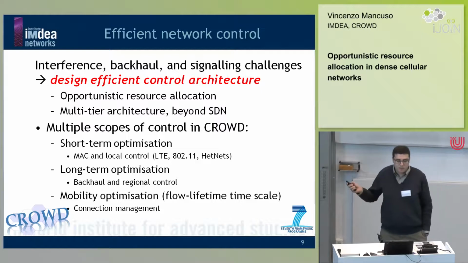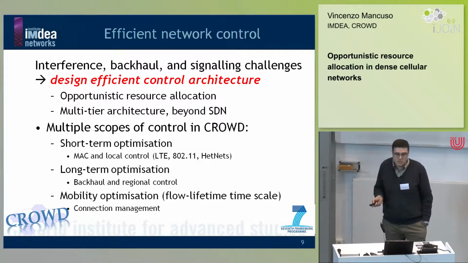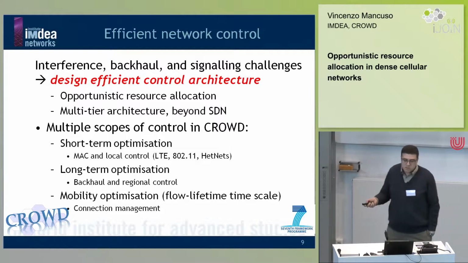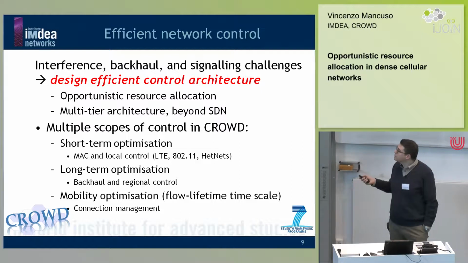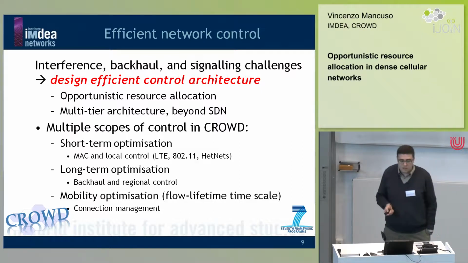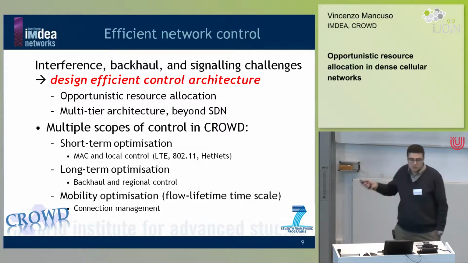We can have short-term optimization, like you change the parameters of the resource allocation schemes. Long-term optimization, in which you want to switch on and off some part of the network and decide on the distribution of resources in the backhaul, and this is what we call regional control.